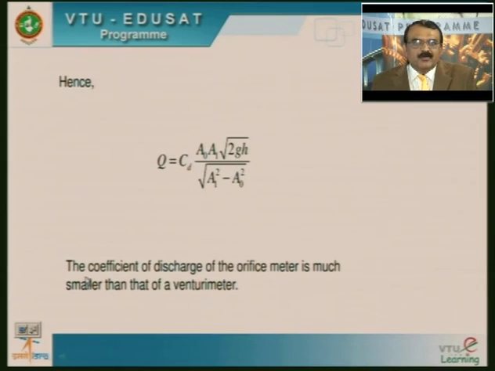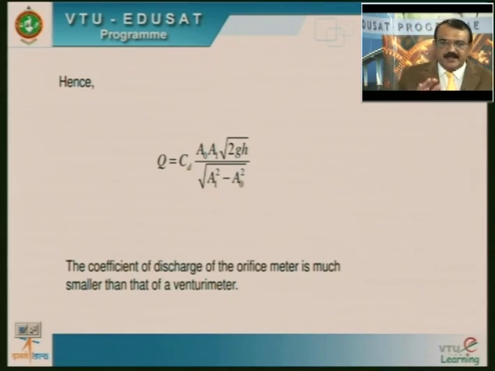Now look at this. This is very, very important. The coefficient of discharge of the orifice meter is much smaller than that of the Venturi meter. I said in case of a Venturi meter, there are definite specifications. The inlet makes an angle of 21 plus or minus 1 degree. The throat diameter is half the diameter of the pipe.